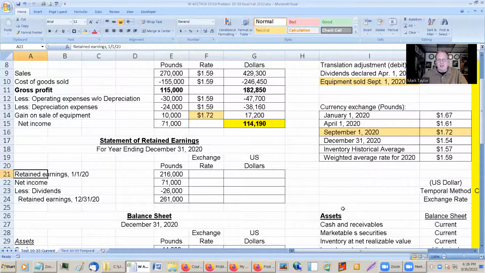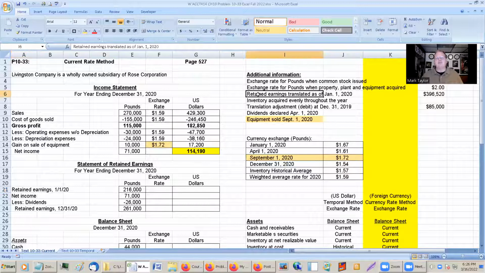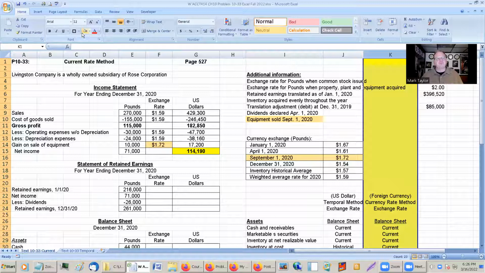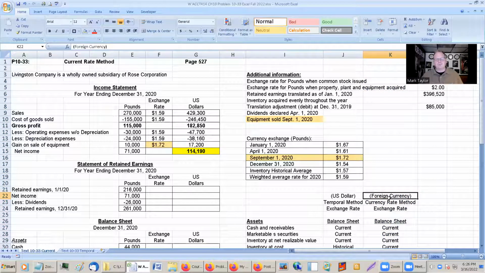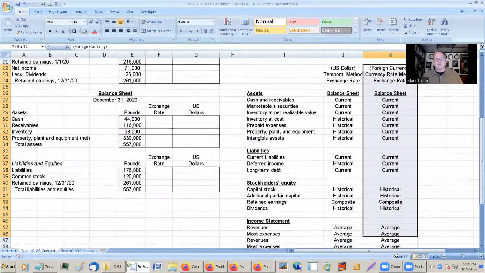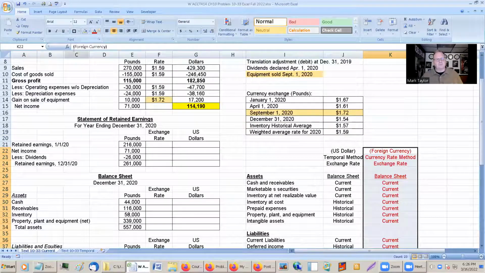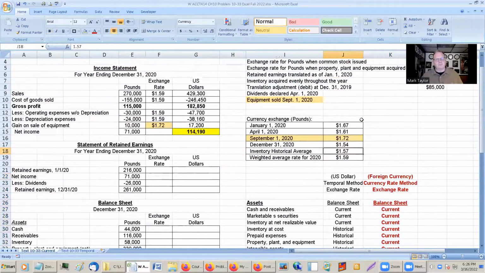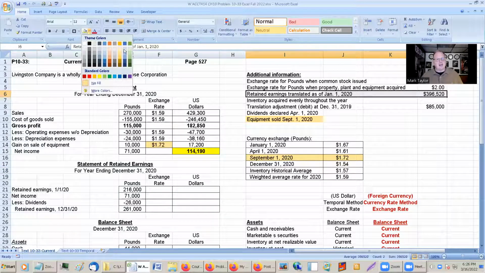Now this is where it gets a little bit tricky down here for the retained earnings, because the beginning retained earnings is translated at that.